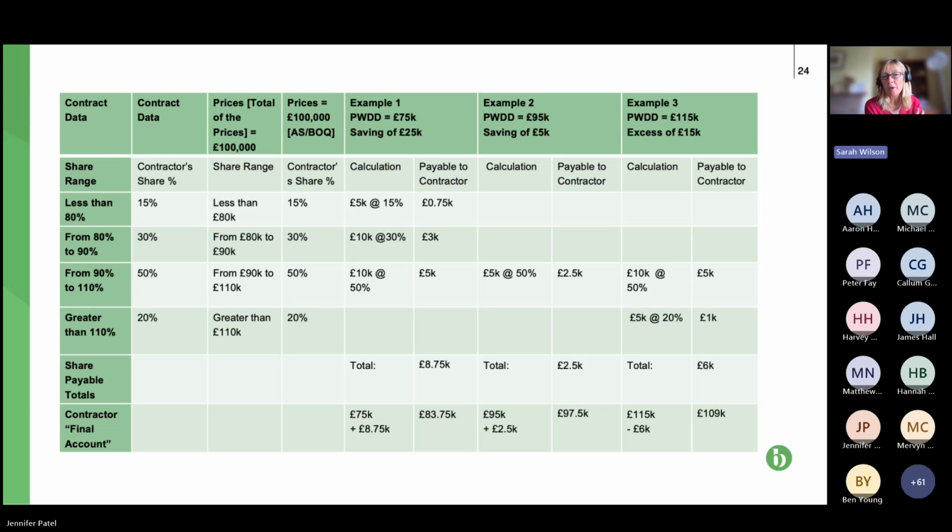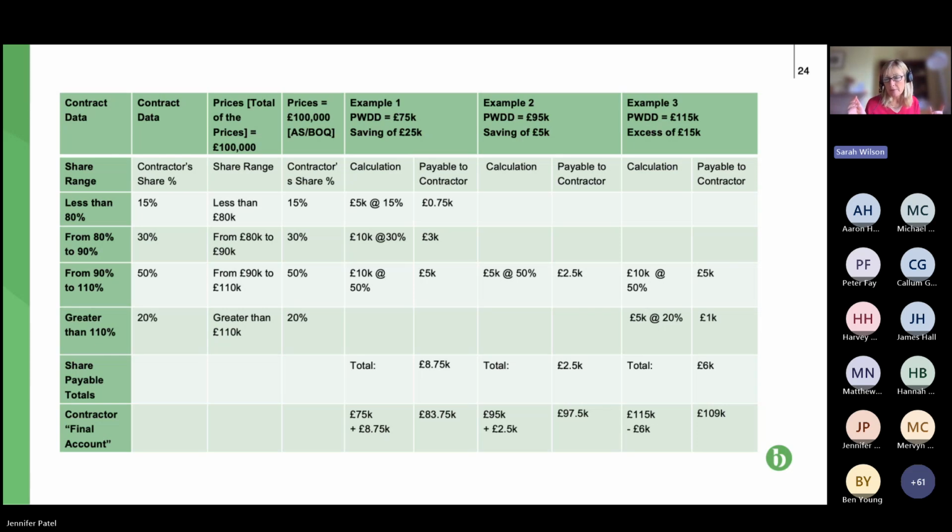In example 1, we've got £25,000, what I've called saving, but it's effectively a gain share. That's the difference between what the works have cost and what the contractor has been paid, that's 75k, and the 100,000 target. We've got 25k to share between the parties.